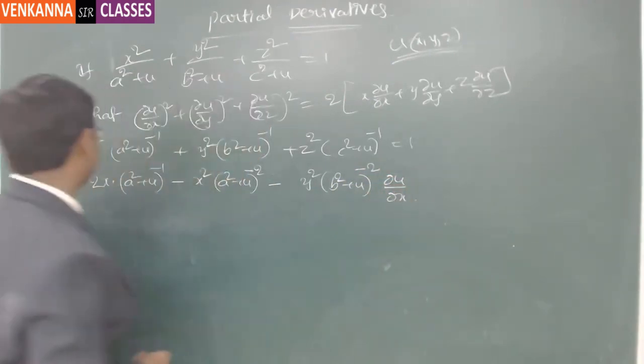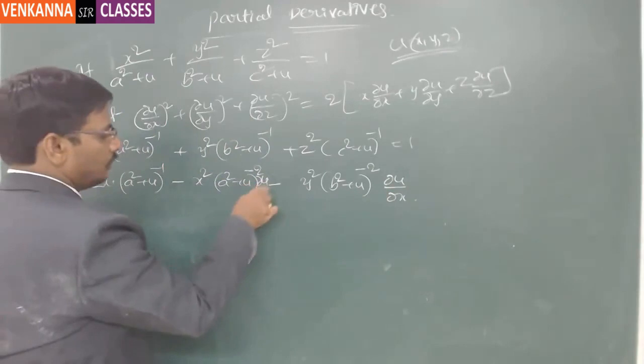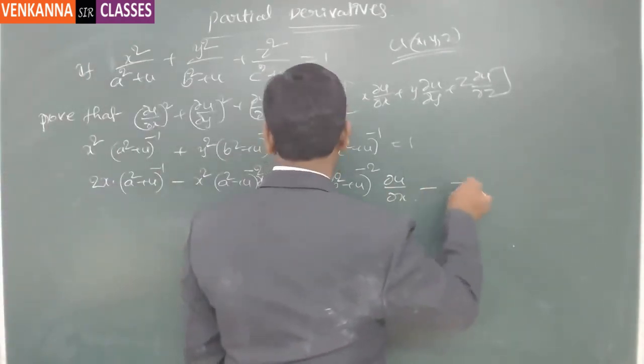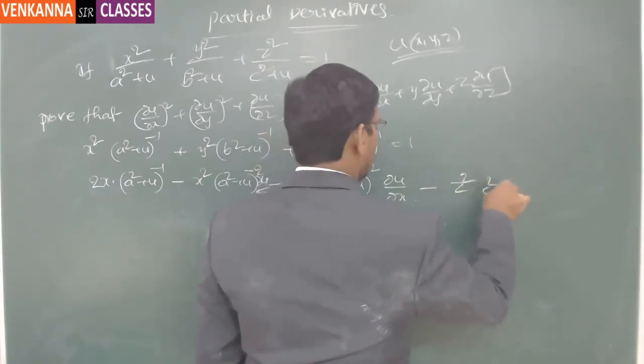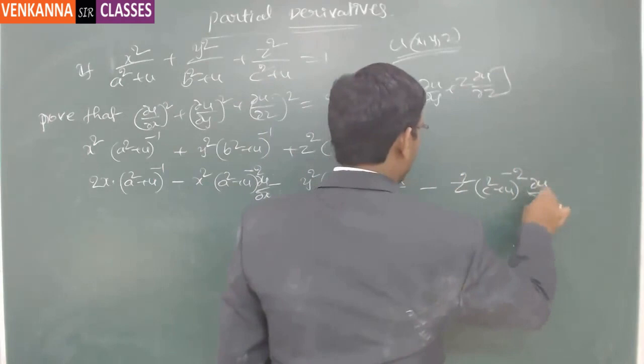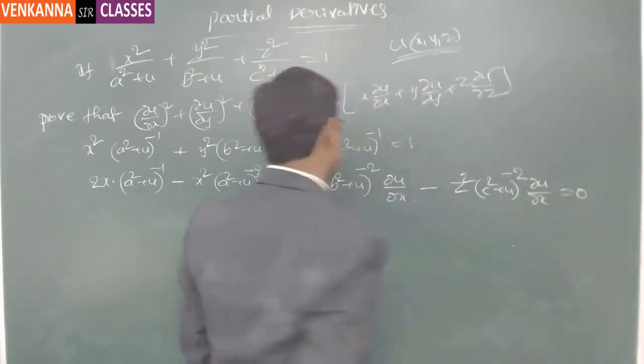Here also ∂u/∂x is there. And then minus z² into (c²+u)^(-2) into ∂u/∂x is equal to 0.